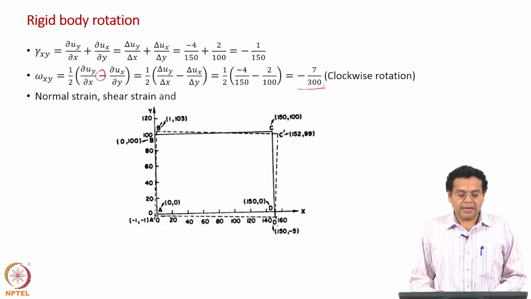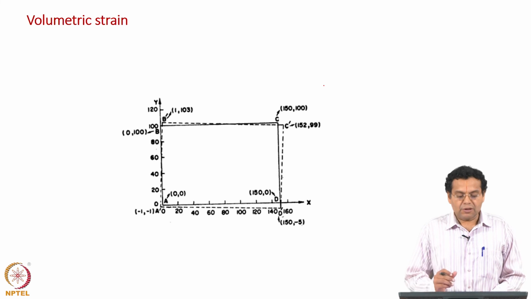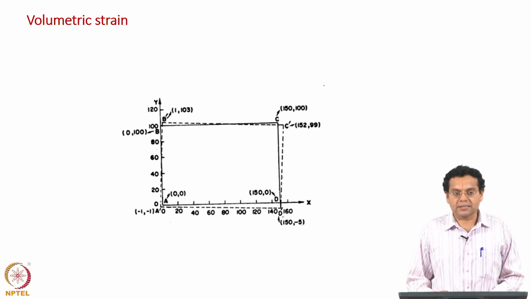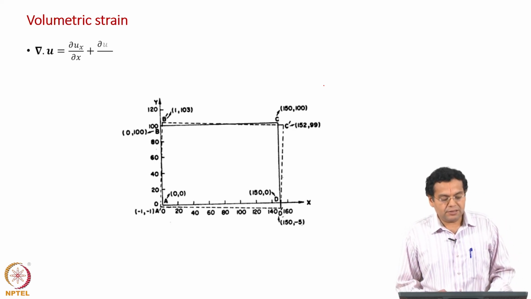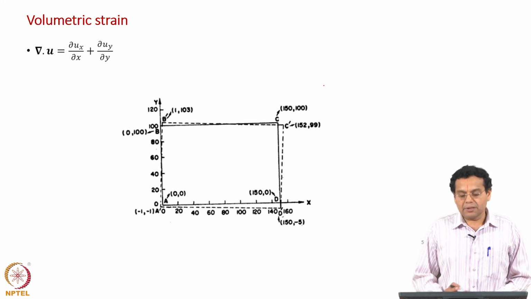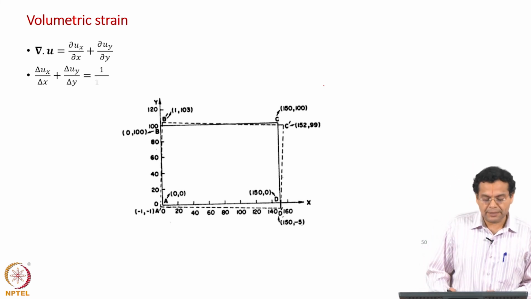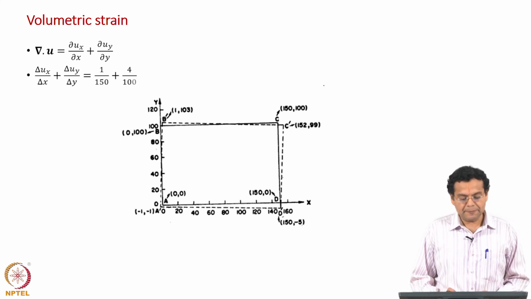In this example, we had normal strain, shear strain and rotation, all of them present. And we also saw how to calculate volumetric strain in terms of displacement gradients. So, let us do that also. It was the divergence of the displacement field, and of course, 3 terms are there, but because it is a 2 dimensional case, only the first 2 terms are there: delta u x by delta x plus delta u y by delta y.